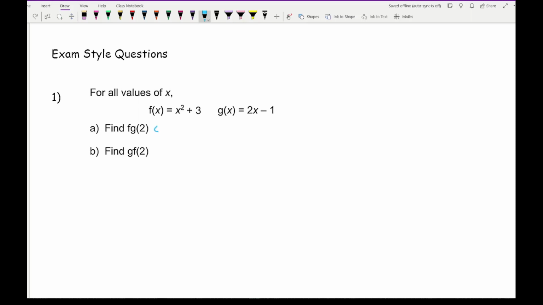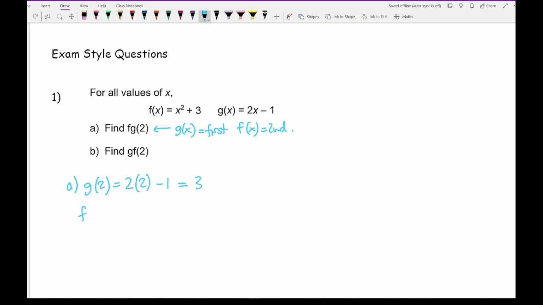So looking at this particular question, as g is the closest to the bracket, g of x is first, and then f of x is second. So here with A, I'm working out what g of 2 is, because g is the one closest to the brackets. So here I've got 2 times 2, take away 1, which is 3.